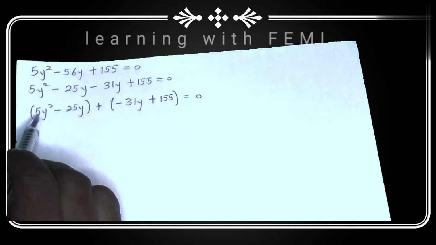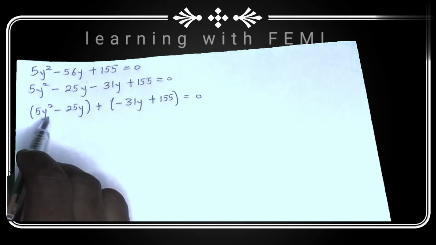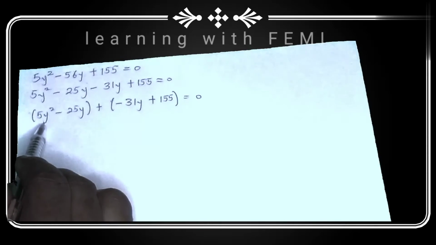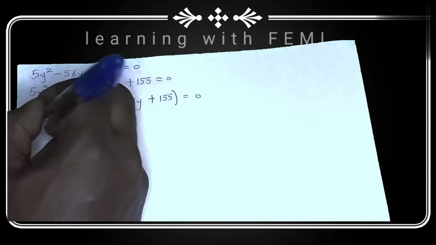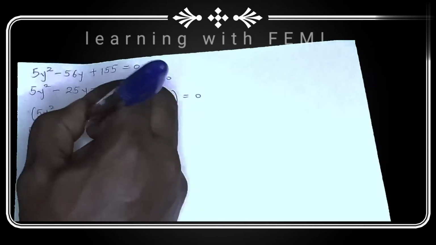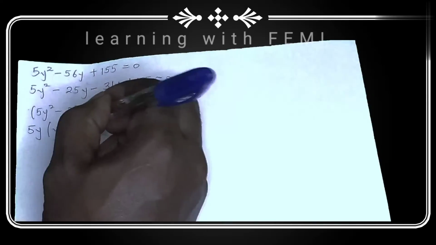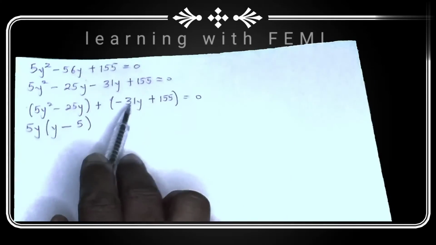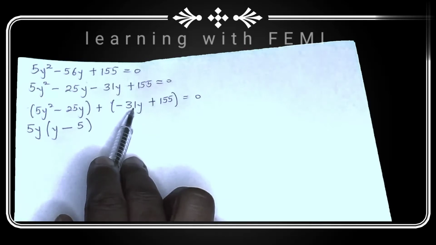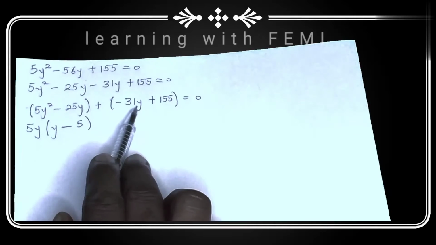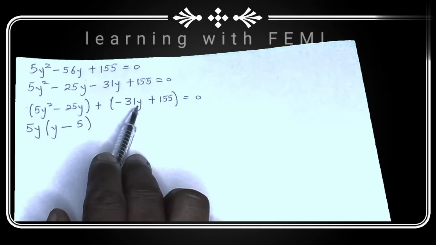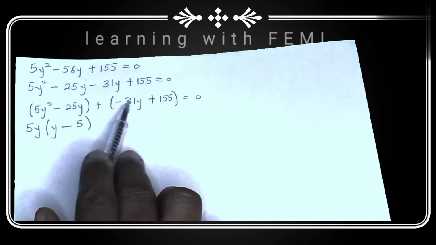What is the factor of 5y squared and 25y? If you look very well, 5 is a factor of this, 5 is a factor of this, y is a factor in this one, y is also a factor in this one. So we get 5y outside, then we have y remaining here and minus 5 remaining here. Now 31 is common here, but if we put 31 outside, it's going to remain minus y here. So why don't we just put minus 31 out?